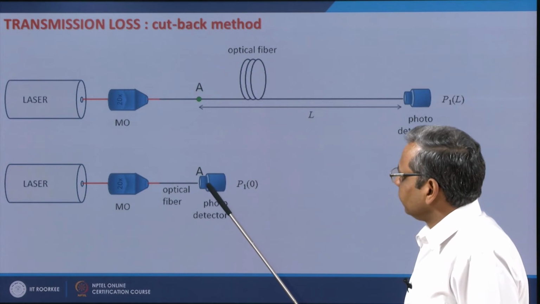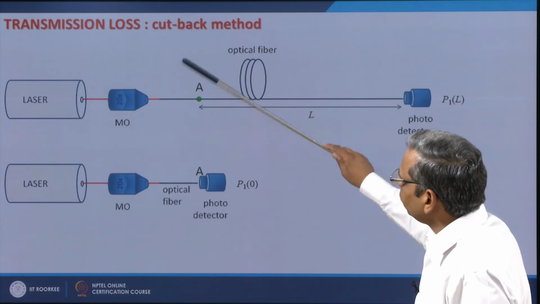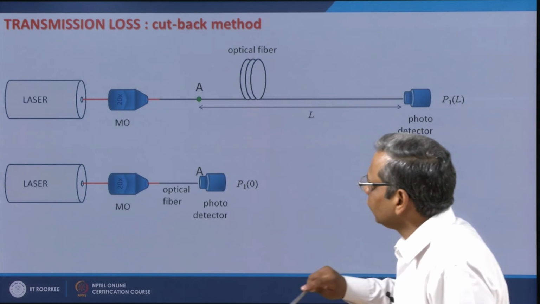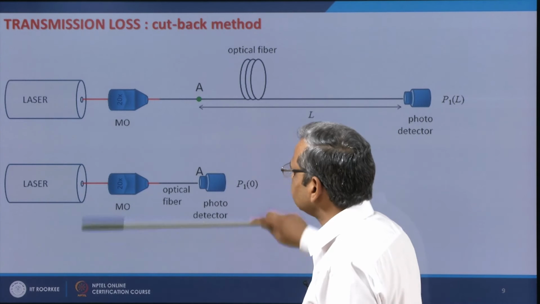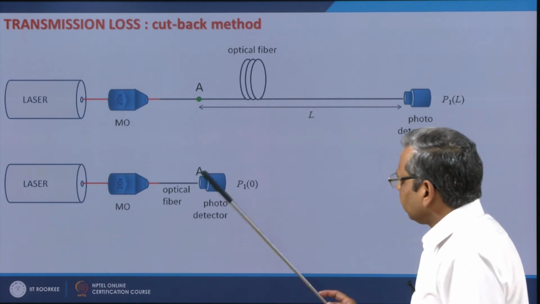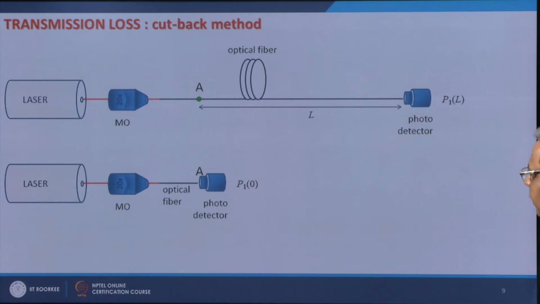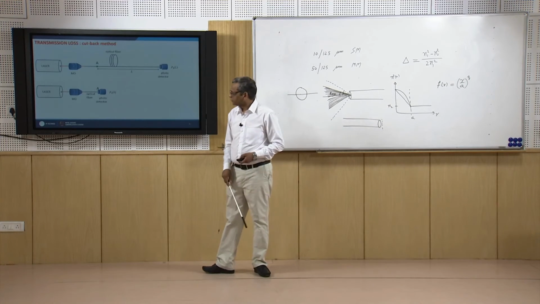Now, you measure the power here, and while you do this you ensure that the input launch conditions are not disturbed at all. Now, when you measure power here, let us label it as P10. Then by taking the ratio of this P1L and P10, I can find out what is the loss.